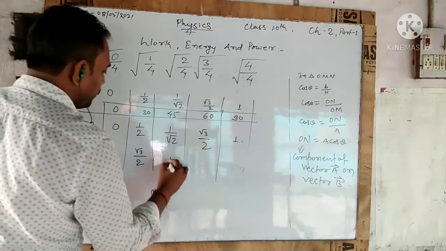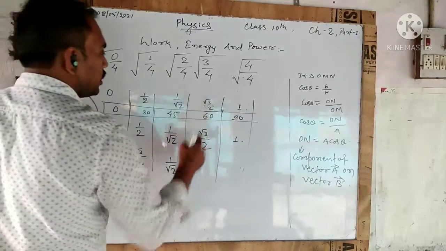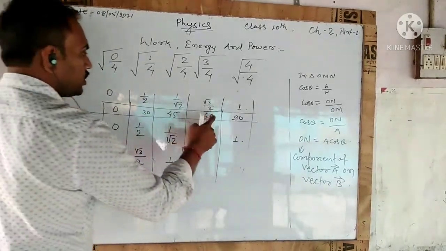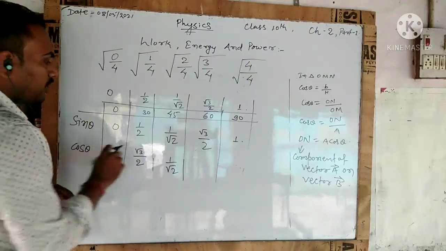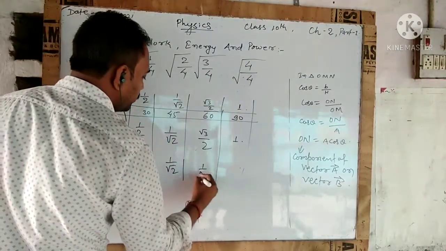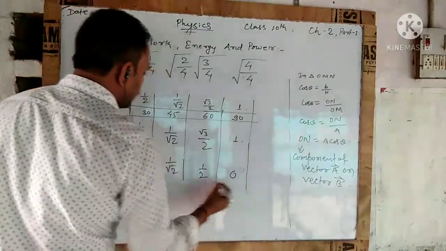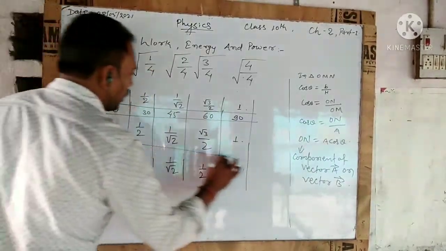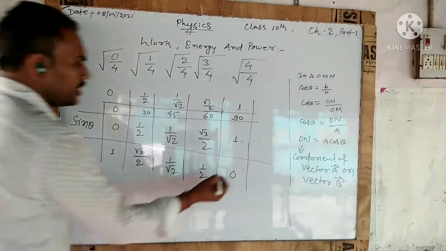Cos 45 will be the same. Cos 60 will be the value of sine 30, so 1 by 2, and cos 90 is 0. These will be the values. You have to remember them yourself, because it helps us.